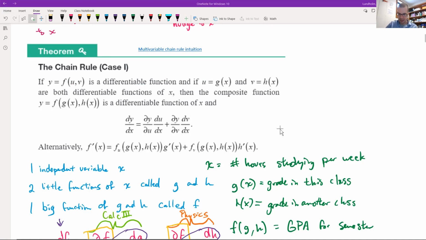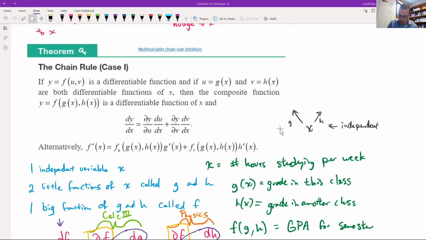The hierarchy of things going on here, if you want to view it, let me make sure I'm consistent with things that I've done before. Okay, we'll start from the bottom. And if we wanted to build this up, we can use black, that's fine. X is our independent variable. Think of that as like our input. So we've kind of almost got a single variable input, but what's happening is that X is getting input to functions that we're calling G and H here.